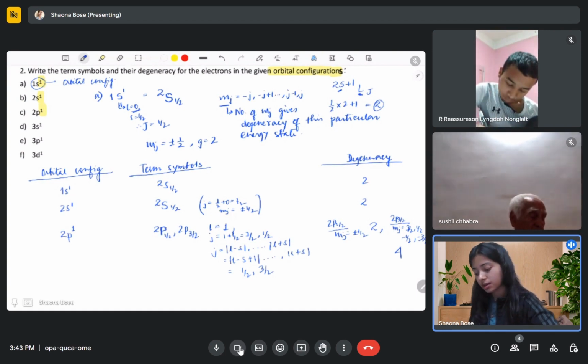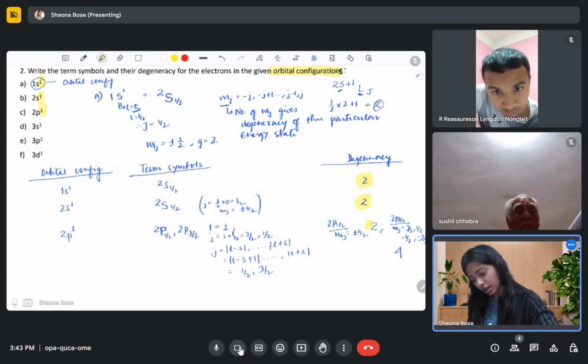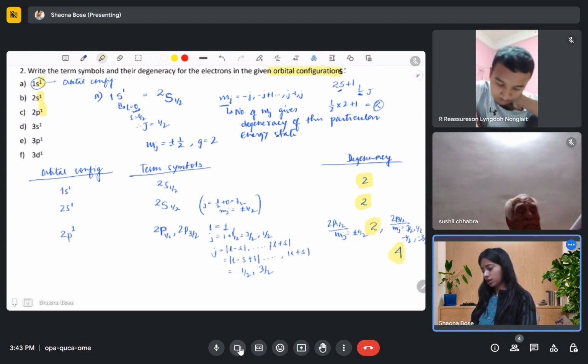Sorry, it's looking really messed up, but I just highlight the answers. That is 2 for the first one, 2 for the second one, and for the third one, which is number C, it is 2 and 4.